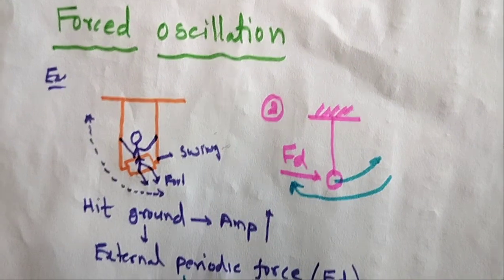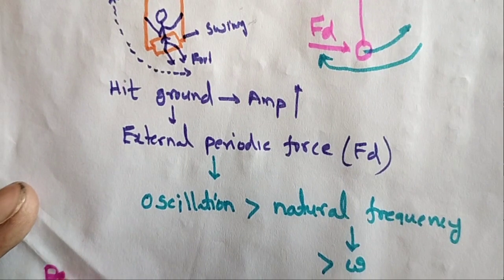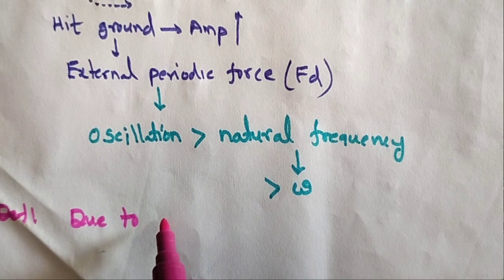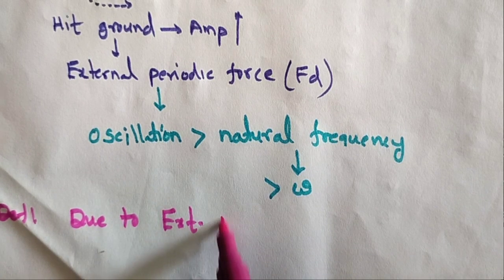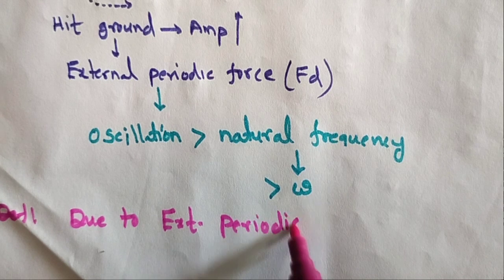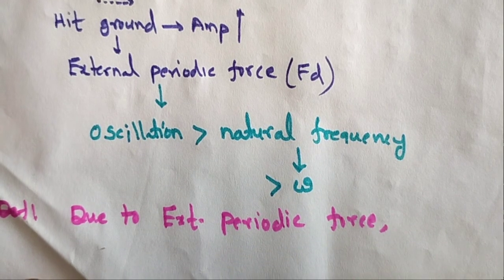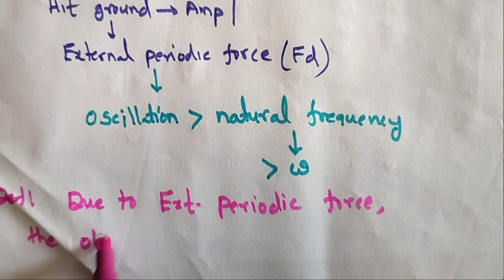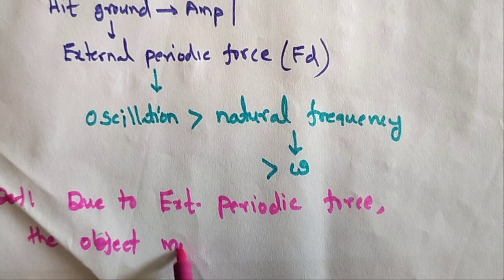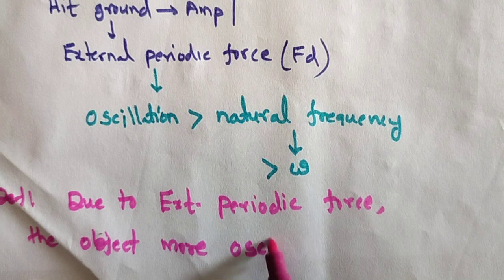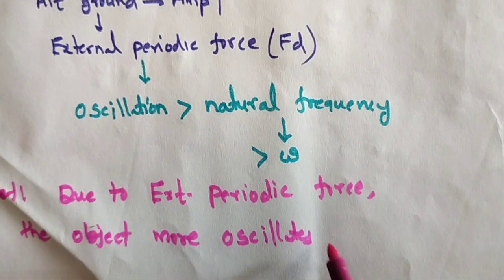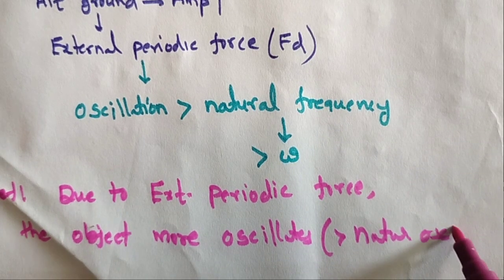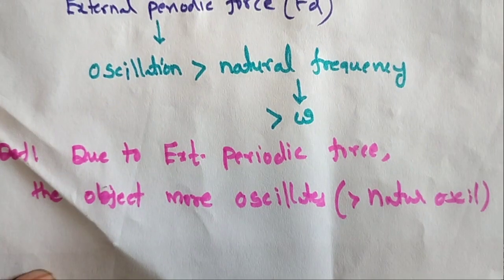So what is a forced oscillation? I will write one definition. Due to an external periodic force, the object oscillates at a frequency greater than the natural frequency.